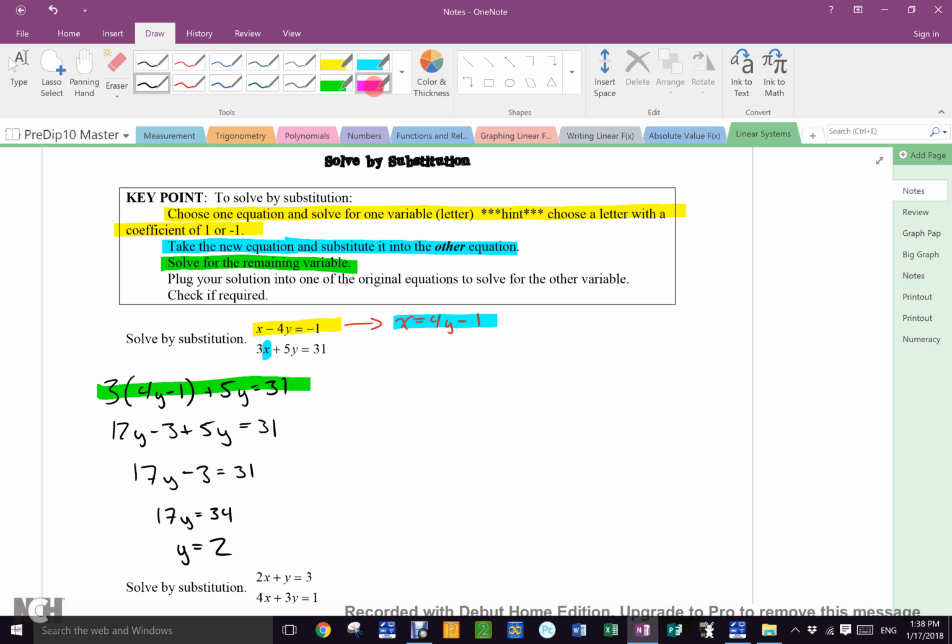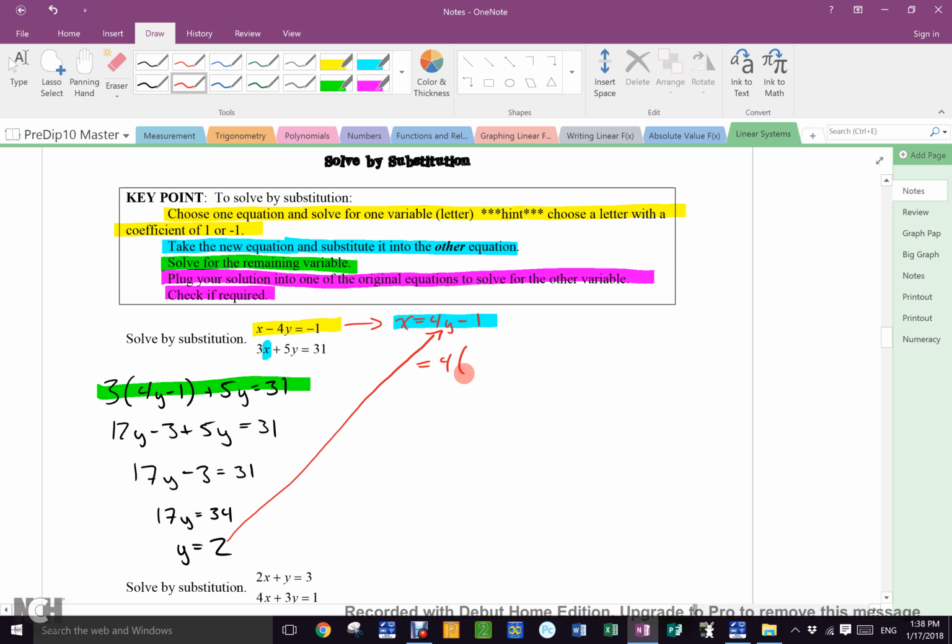Okay, and then the third thing I'm going to do, the last thing, plug your solution into one of the original equations. So now I know that y is 2, correct? So I need to find x, don't I? Well, right there, it says x is this. What can I write right there? 2. So x is 4 times what? 2 minus 1.